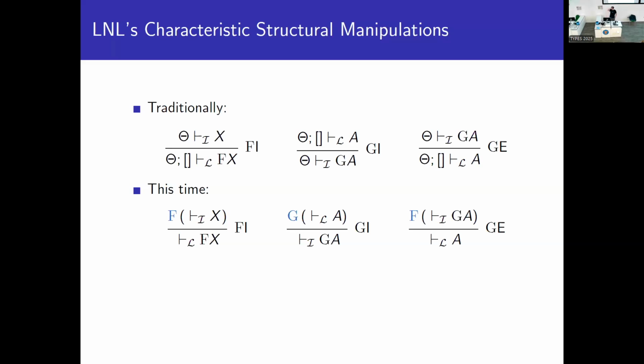So that's what these three rules are doing. Again, we've got this pattern where the traditional notation has some sort of restriction on the context at the bottom, whereas mine doesn't. It's generic and not even mentioned.